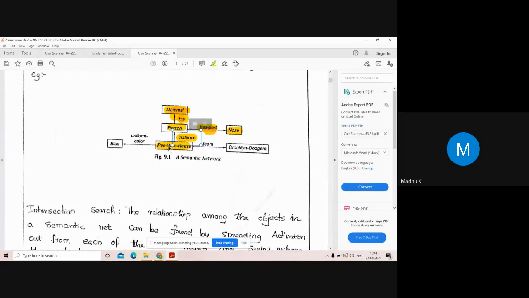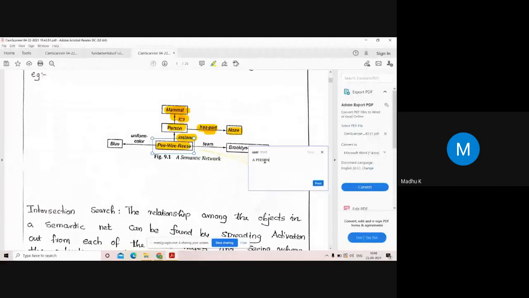For example, PV Ray. PV Ray is a particular person name. It is a particular instance of a person.